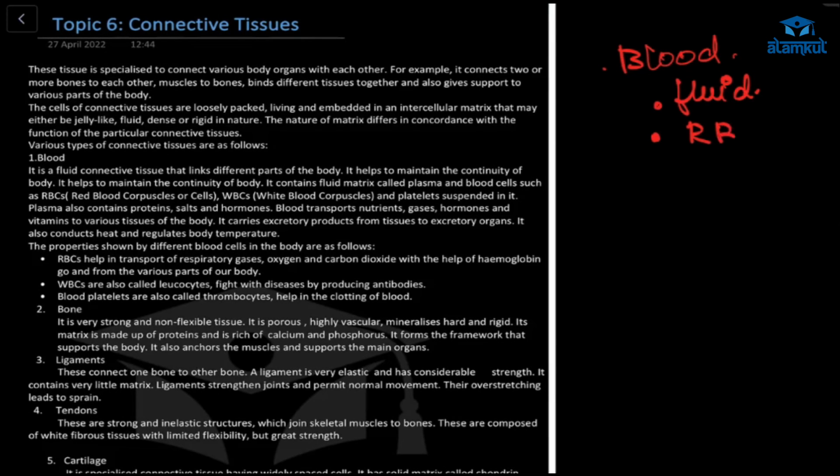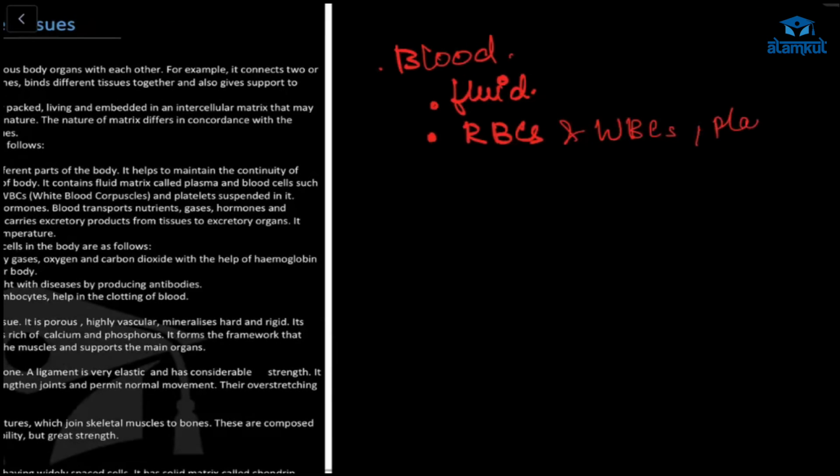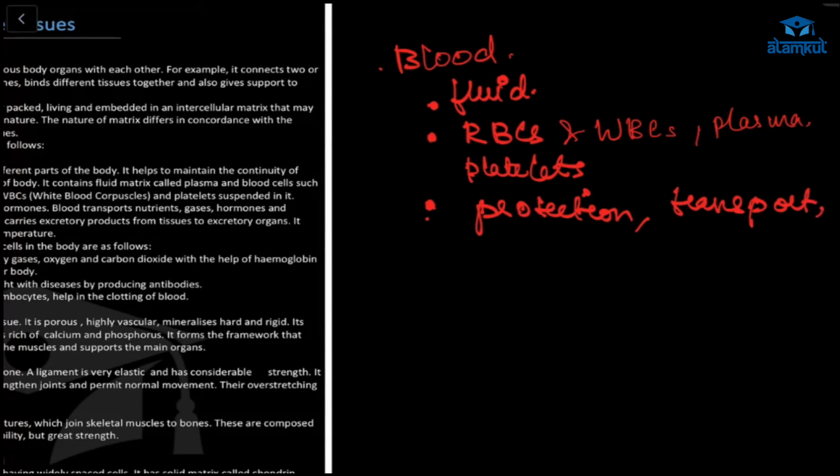Yes, RBCs and WBCs, and one more thing, plasma. Platelets. Yes, platelets. These help in transport, protection, and platelets help in clotting of blood. So protection, transport, and blood clotting are their functions.